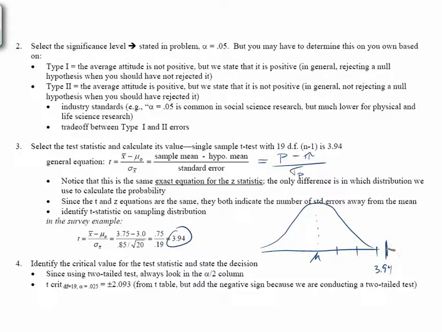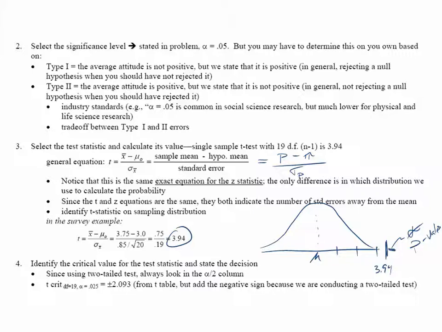So the probability of making a type 1 error is actually really small. But we're not going to call it the alpha. We'll call it what is called the p-value. And this is defined as getting this result when we expected a neutral result, or the probability of getting 3.75 from random sampling.